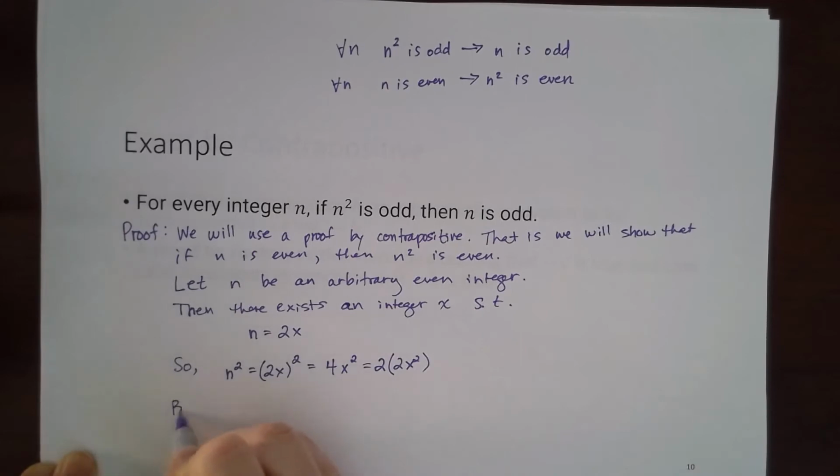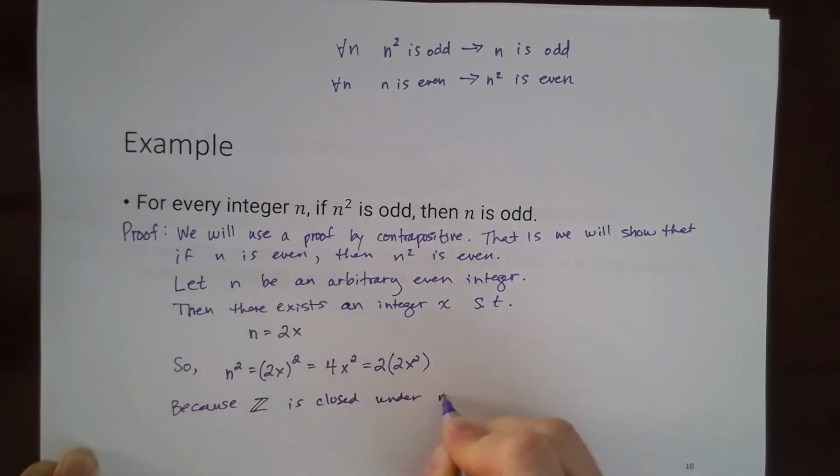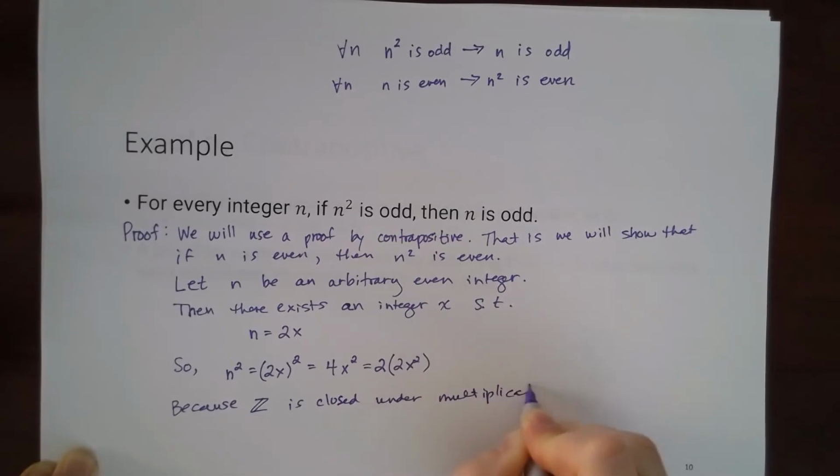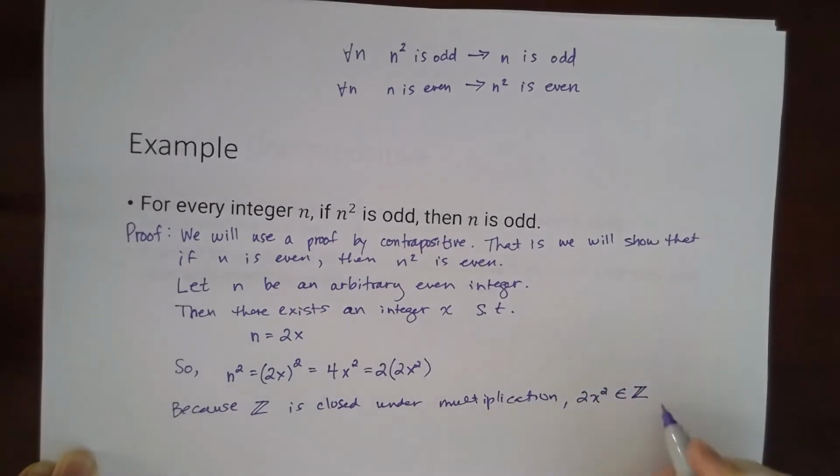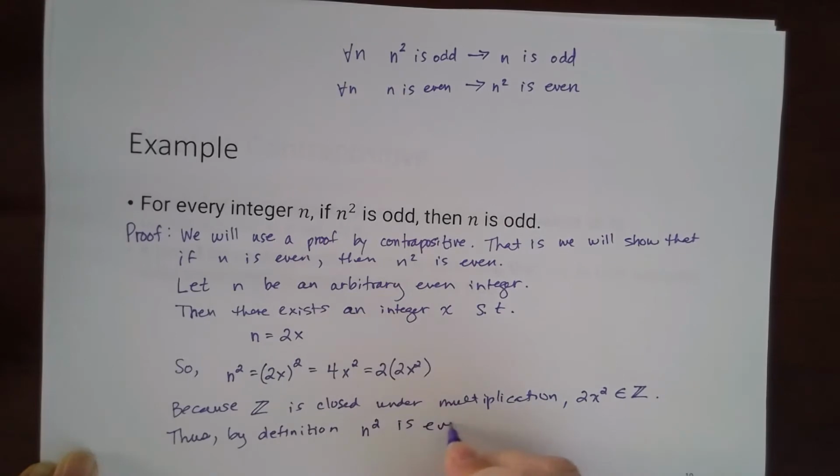Because the set of integers is closed under multiplication, we know that 2x squared has to be an integer. Thus, by definition, n squared is even. And that's what we were hoping, right? We said we would show that if n was even, then n squared is even.